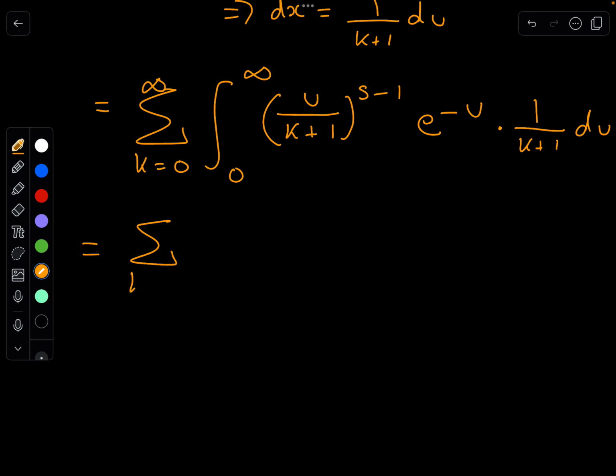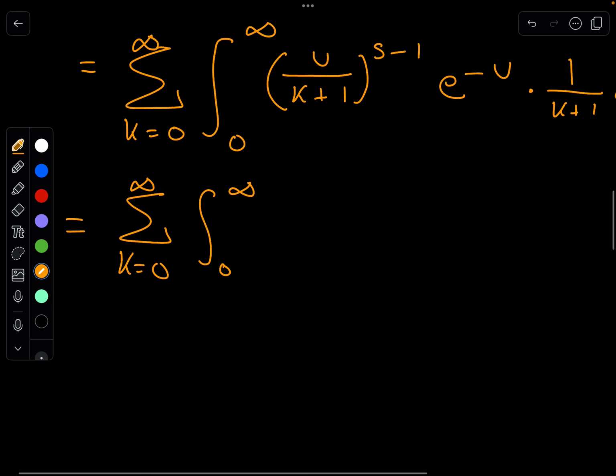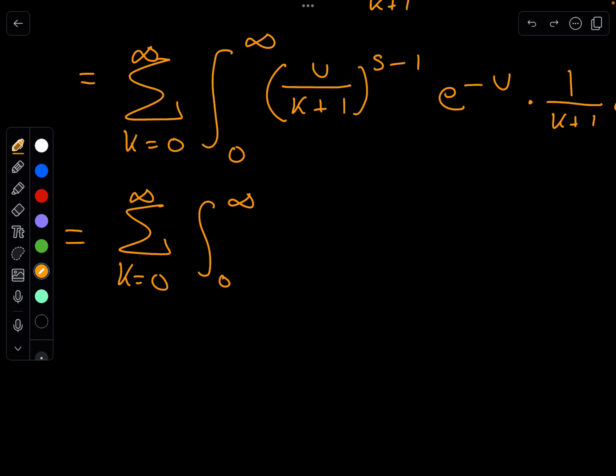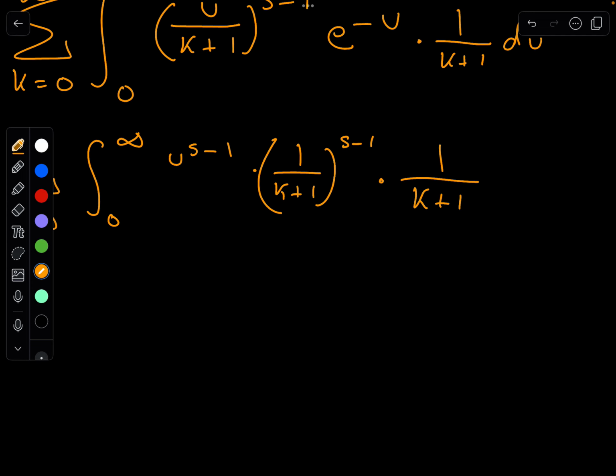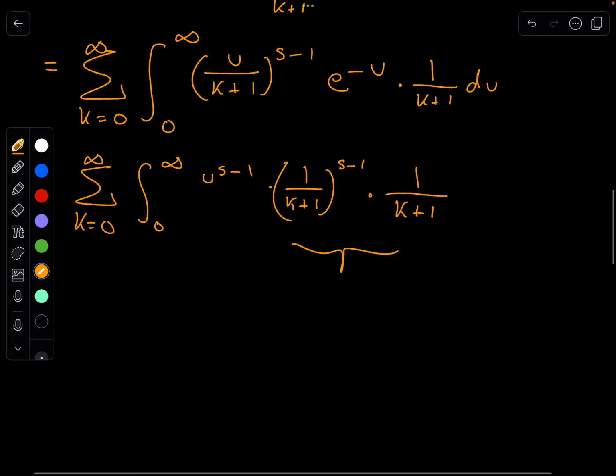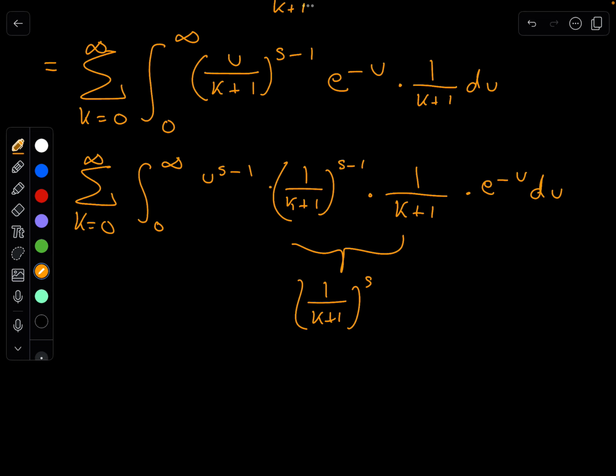From here, we again have the sum from k equals 0 to infinity times this integral. We can notice that this term is equivalent to u to the s minus 1 times 1 over k plus 1 to the s minus 1. And this is all being multiplied by 1 over k plus 1. So that is simply going to be 1 over k plus 1, all to the s, multiplied by e to the negative u du.